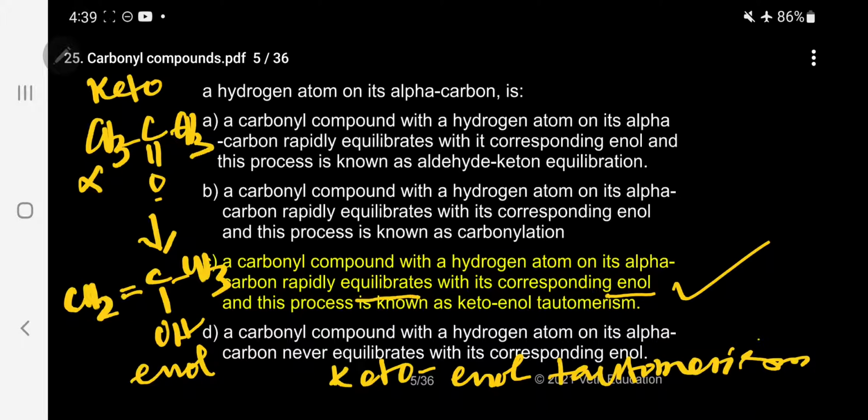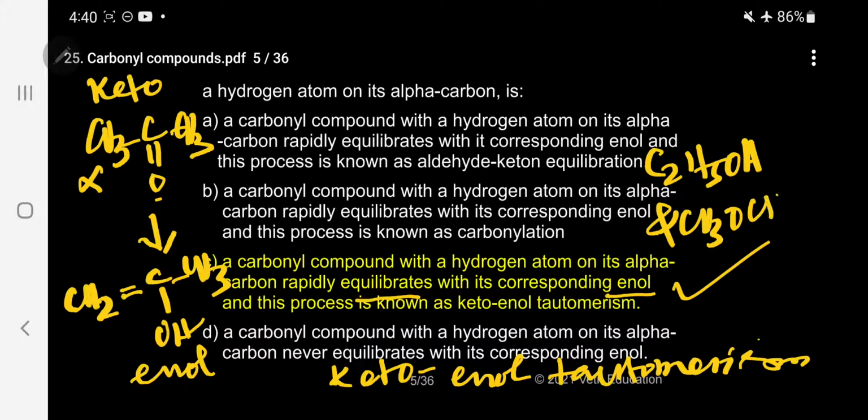A specific example you can take is ethyl alcohol and dimethyl ether. See, two different compounds. If you compare them, the molecular formula is C2H6O for both, the same molecular formula, but a different structure. Physical properties differ.